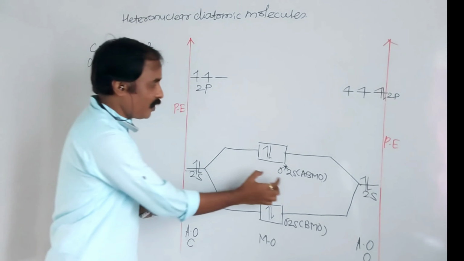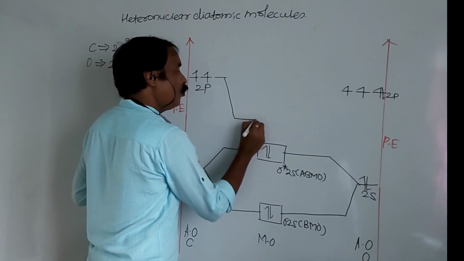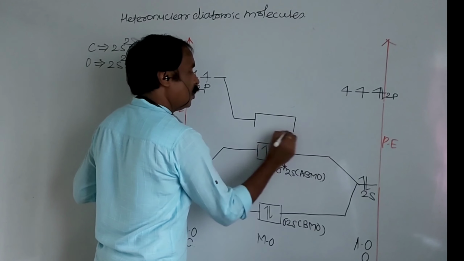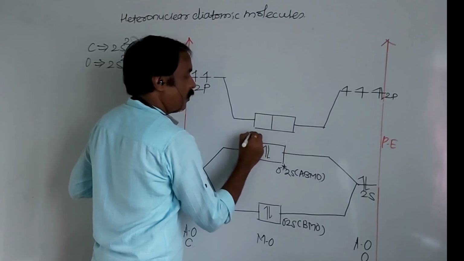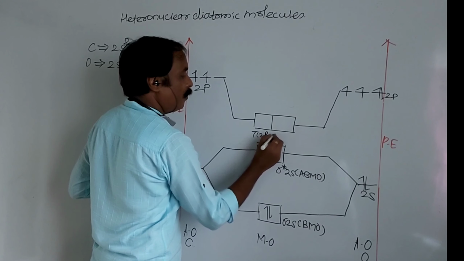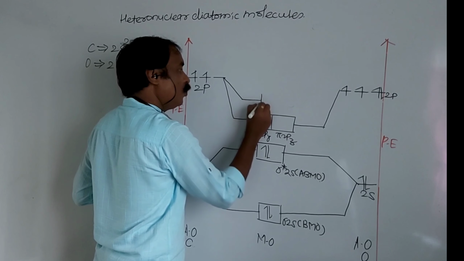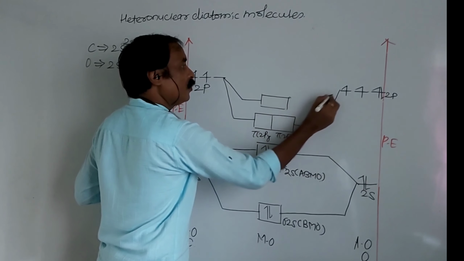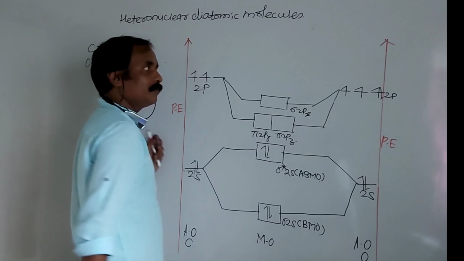So after sigma star 2s, electrons enter what? Pi 2py and pi 2pz. Here it is pi 2py, pi 2pz bonding molecular orbitals. After this there is sigma 2px, the sigma 2px bonding molecular orbital.